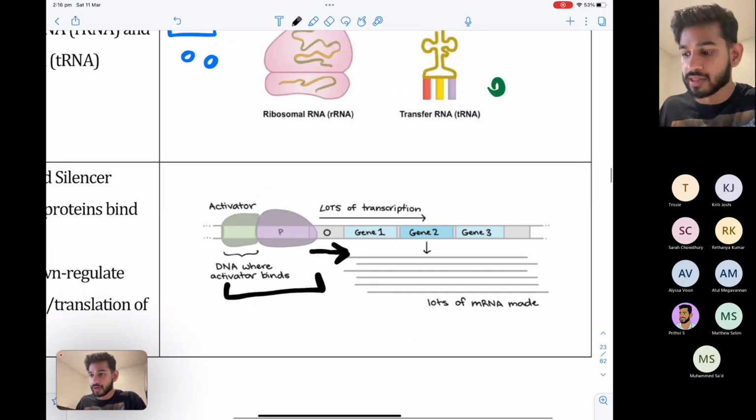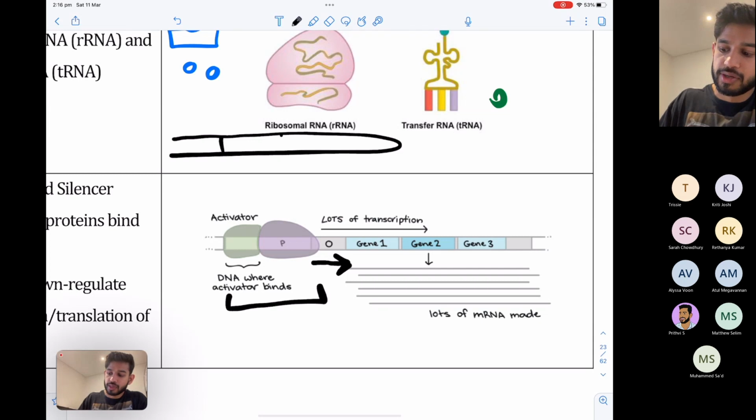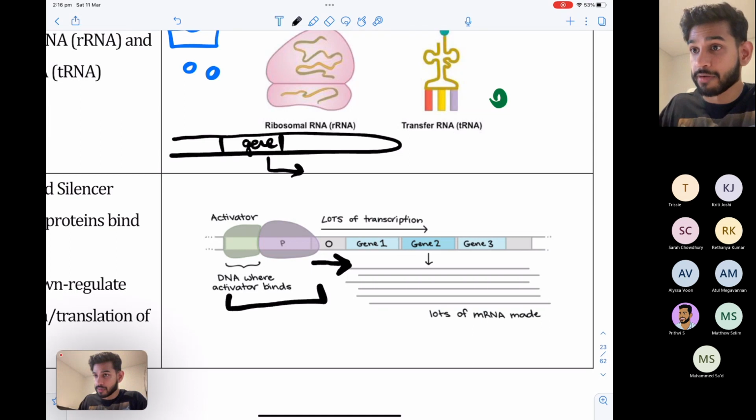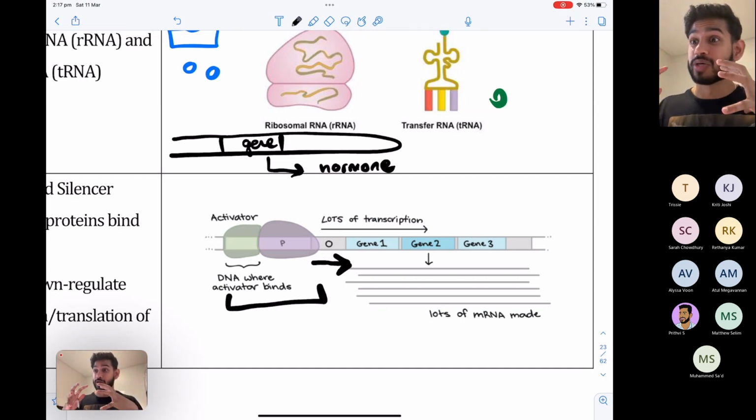So I'll give you a perfect example, right? Let's say in another chromosome, there is a gene. Now, I'm sure you all know genes make proteins. One of the functions of proteins are hormones, chemical messengers. So this gene could transcribe and translate and produce the hormone testosterone. Now, you might know gym people sometimes use it, naturally or artificially, to increase muscle mass.